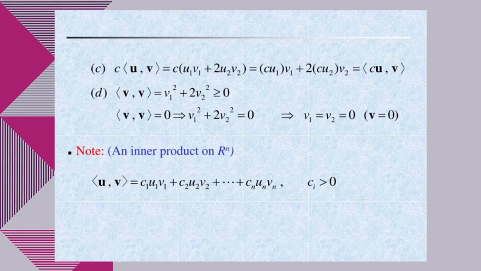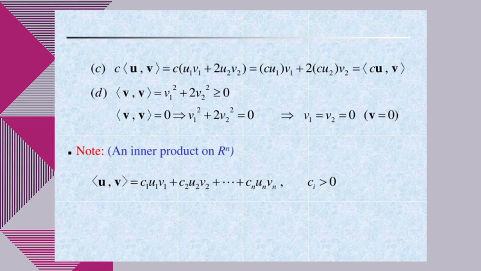Continuing with our example, for rule C, pulling out the constant c works correctly whether we place it inside or outside the inner product. For rule D, the inner product of v with itself, v1 squared plus 2 times v2 squared, is always equal to 0 or positive, and becomes exactly 0 when both v1 and v2 are 0, meaning v itself is the 0 vector.